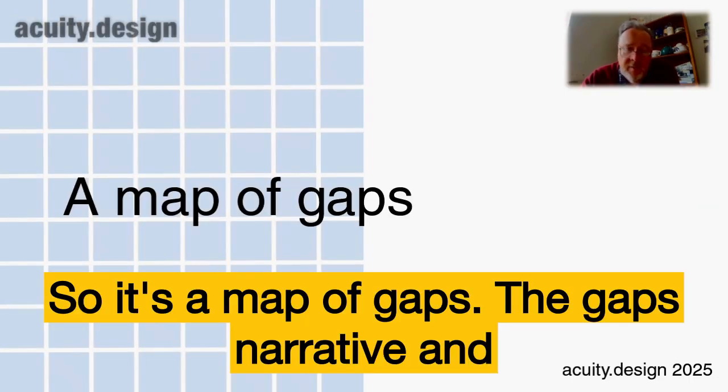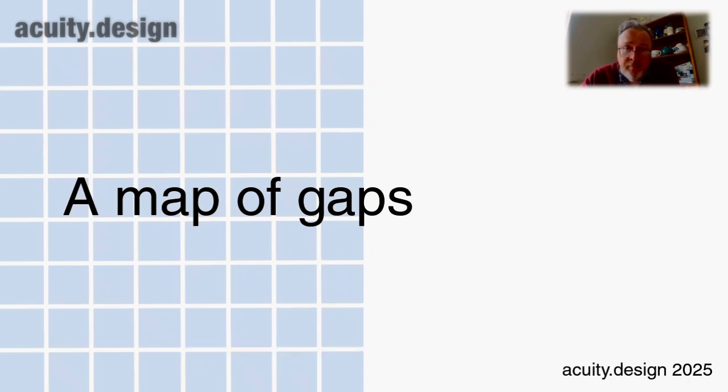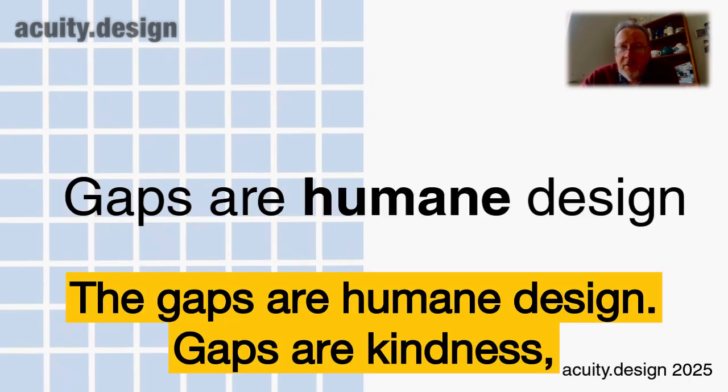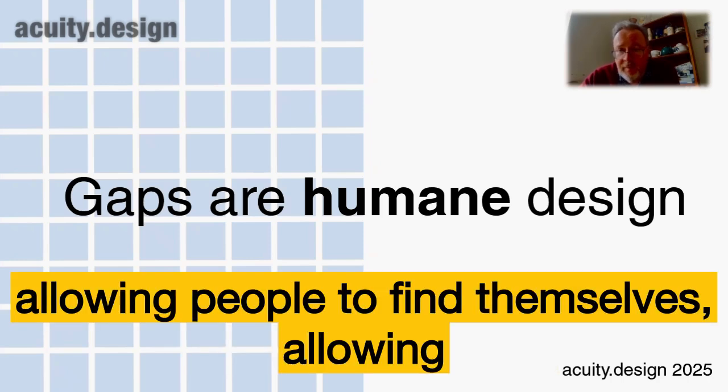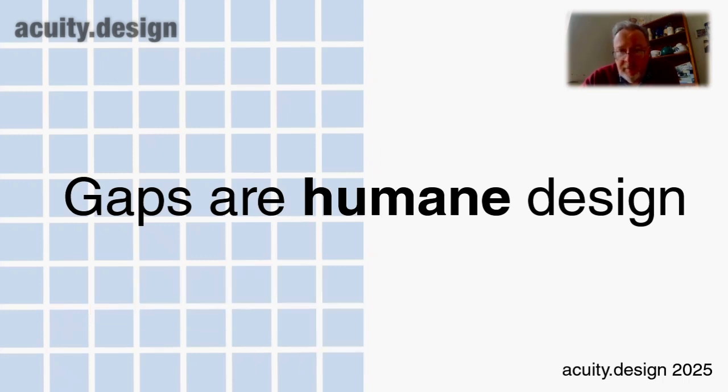So it's a map of gaps. The gaps of narrative and gaps from narrative. And gaps are humane design. Gaps are kindness, allowing people to find themselves, allowing people to have agency and autonomy.